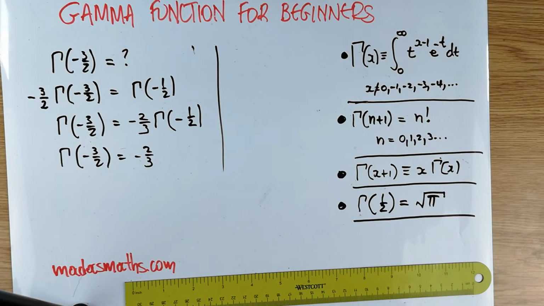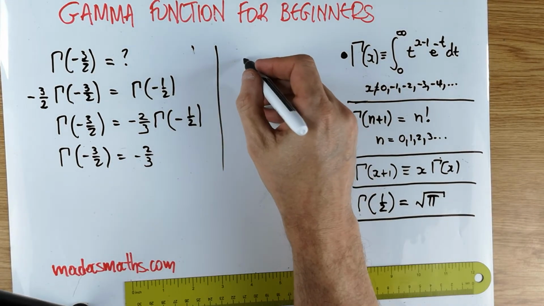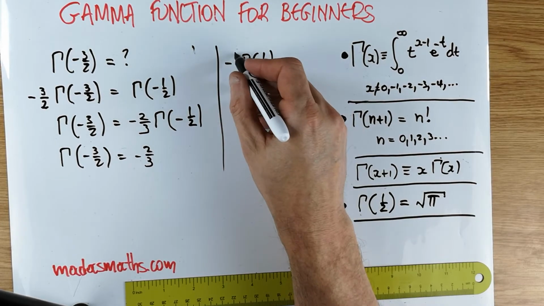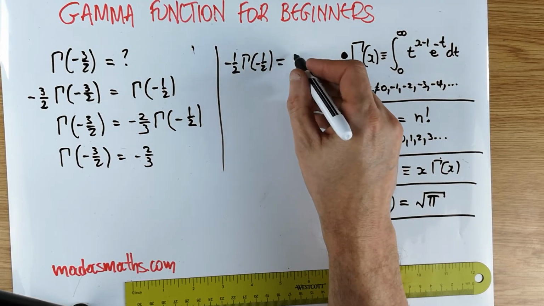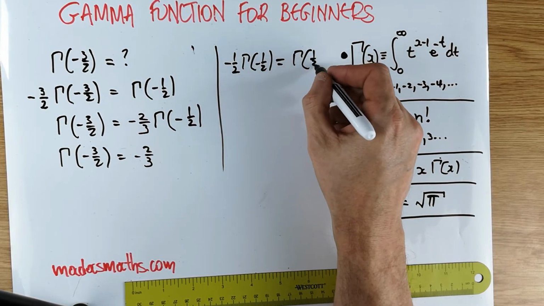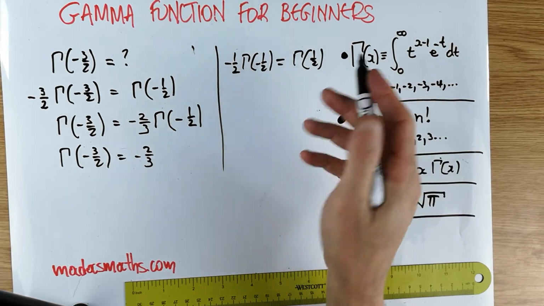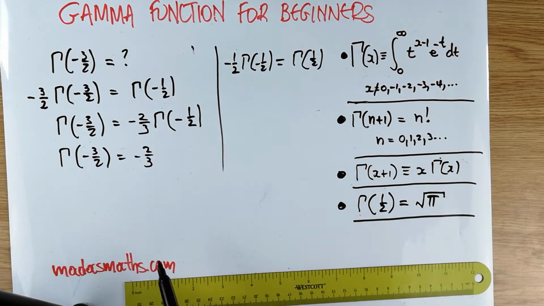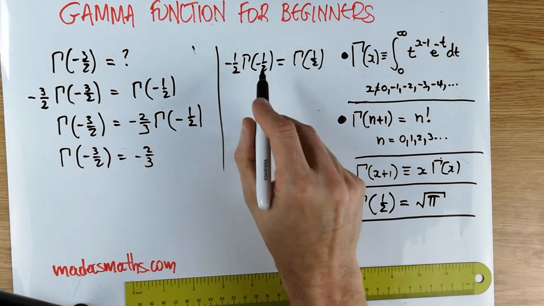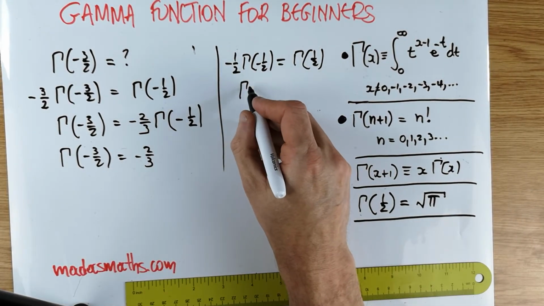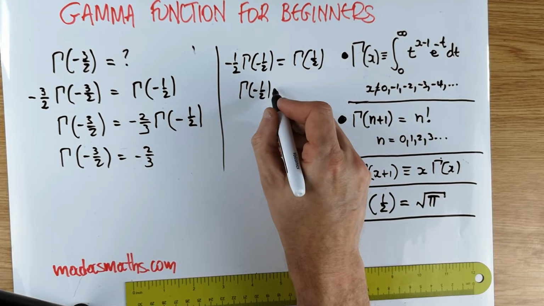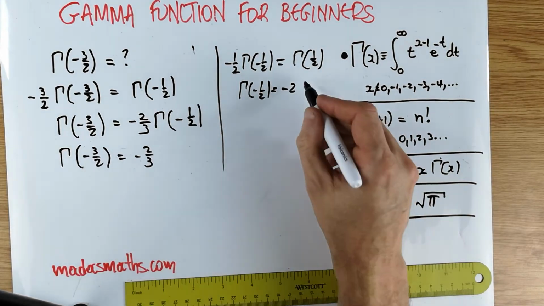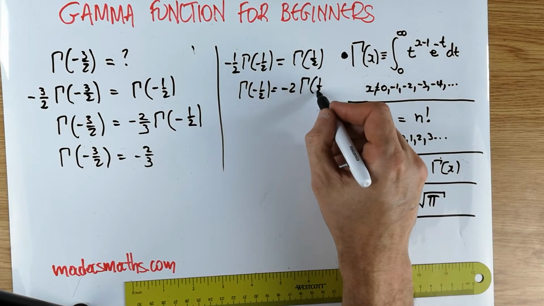and perhaps I'm going to go on the side in here and say, look, if I have the gamma of -1/2 and times it by -1/2 at the front, I'm going to get the gamma of 1/2. So if you look at what is the gamma of -1/2 from this one here, it should be, of course, -2 times gamma of 1/2.